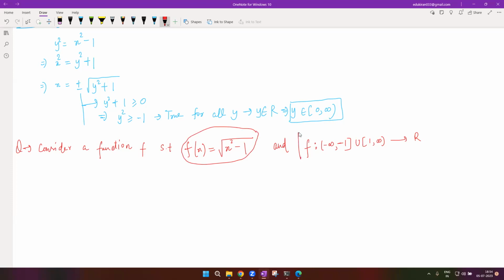And then f will be defined from such to such. This is such that, we read it as such that. So f is defined such that minus infinity to minus 1 union 1 to infinity. So this is basically your domain of f.